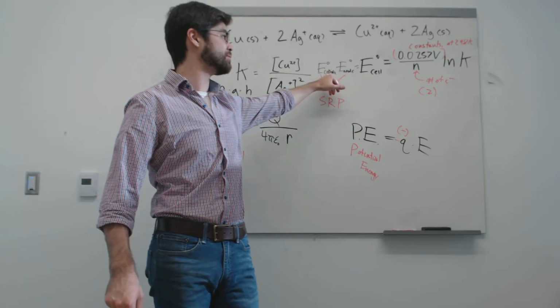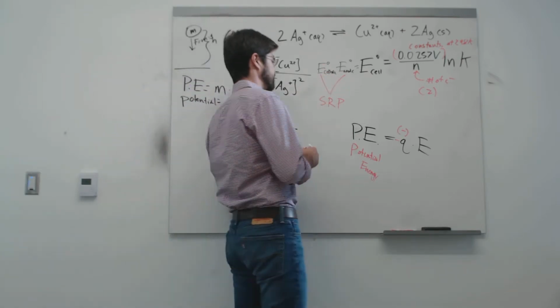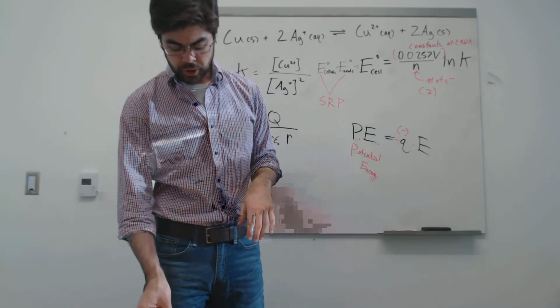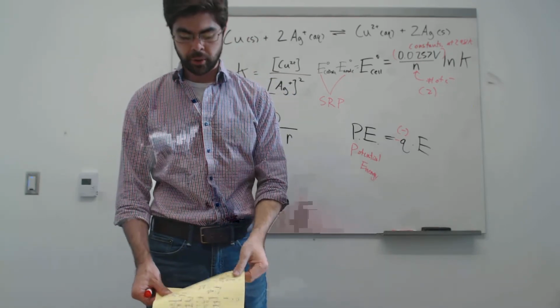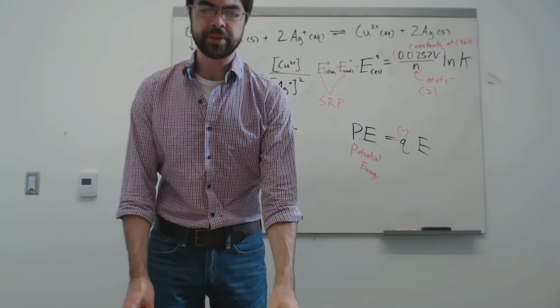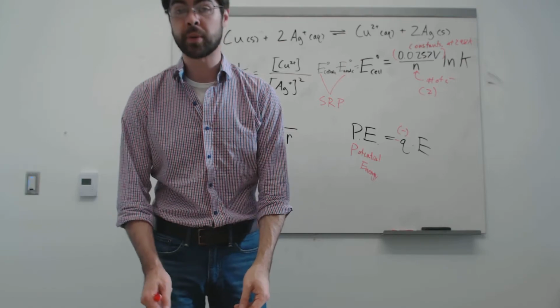We think of a positive reduction potential as being favorable in terms of overall cell potential. So there's a general trend there. There are going to be exceptions, but for the most part that's the case.